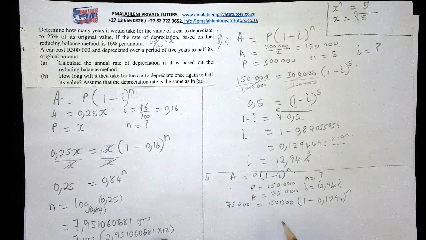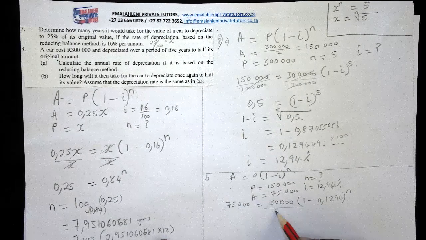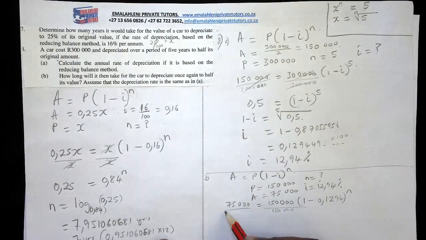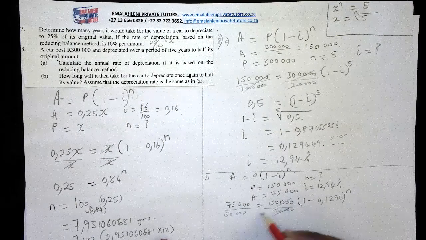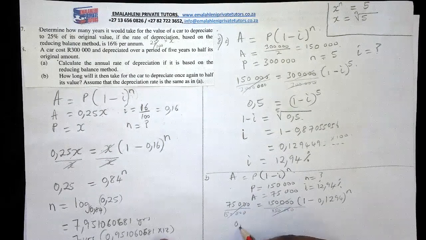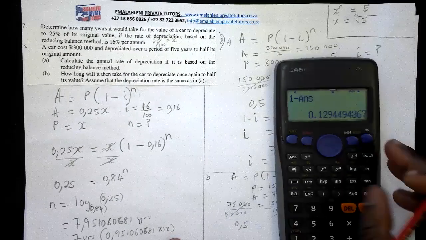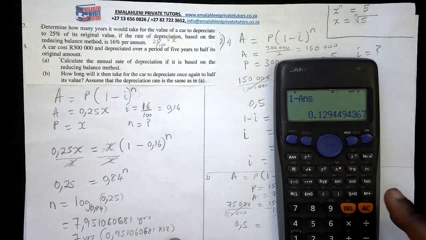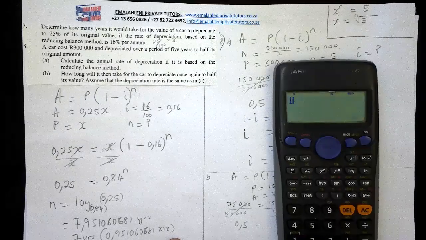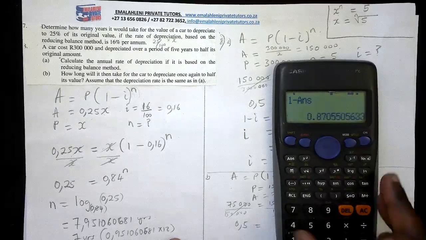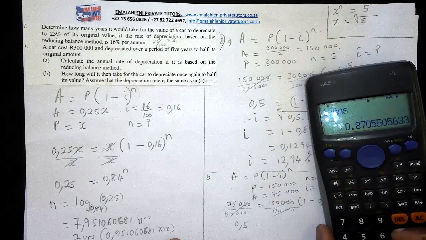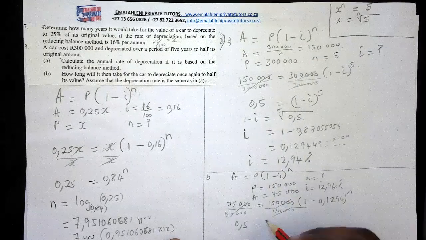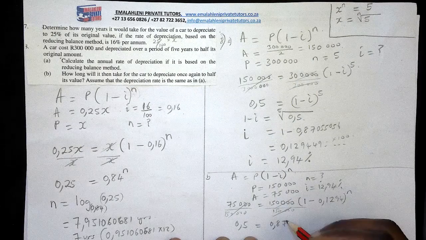If we divide both sides by 150,000, what we get is a half, which is 0.5. So 0.5 is equal to 1 minus 0.1294. 1 minus our answer, we get 0.87. So it's 0.87 to the power of n.